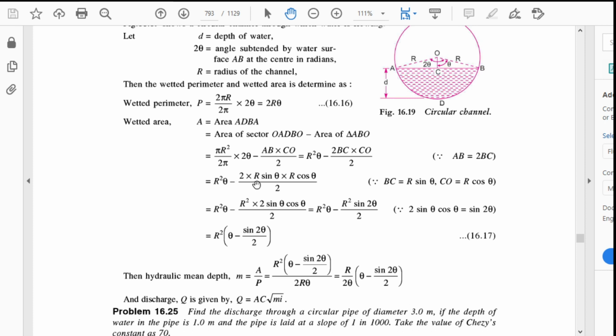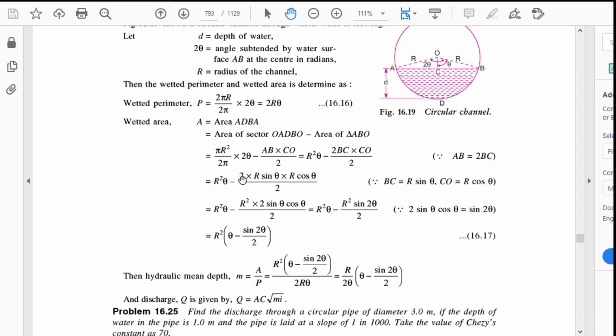You can see here that r and r will get multiplied as r square, and remaining will be your 2 sine theta cos theta. 2 sine theta cos theta will be sine of 2 theta. That's why that denominator and numerator 2 will not cancel out. So keep it as it is.